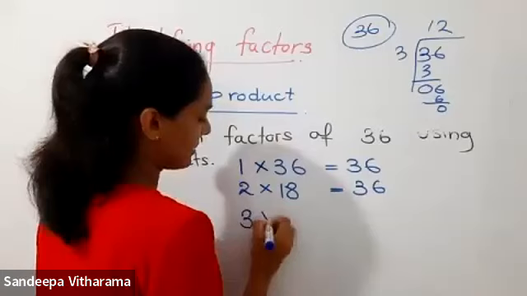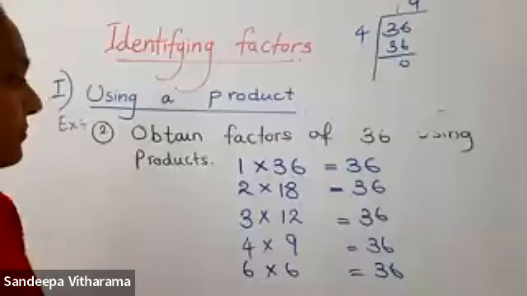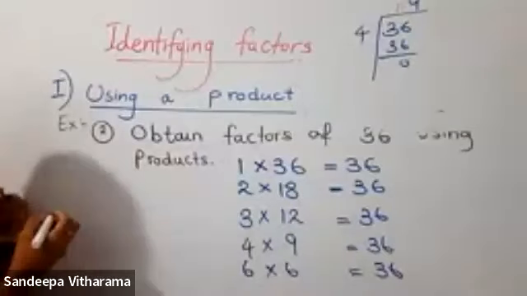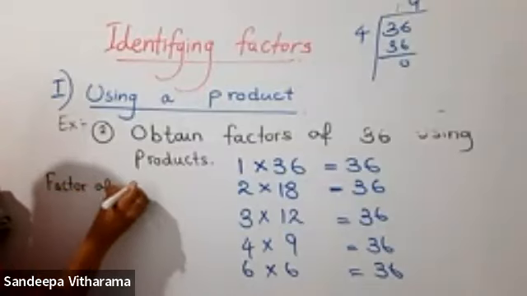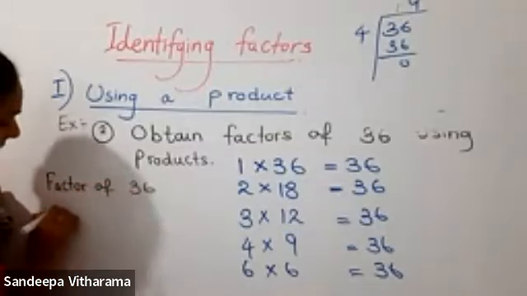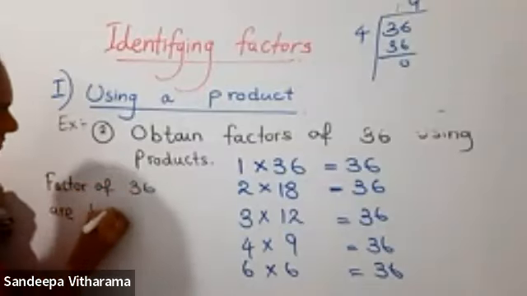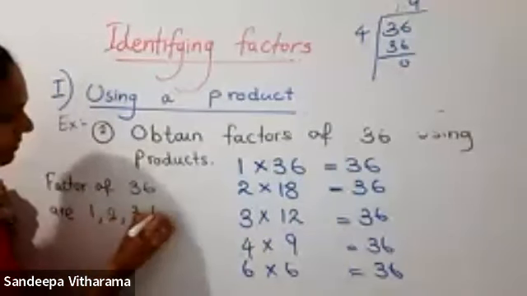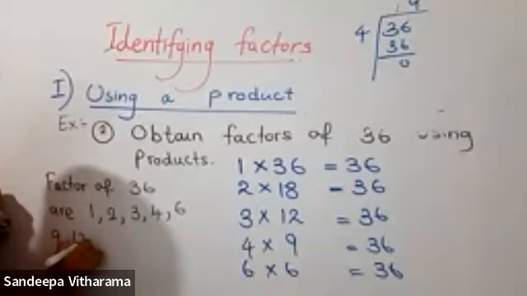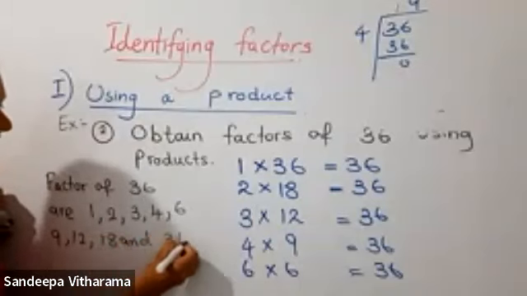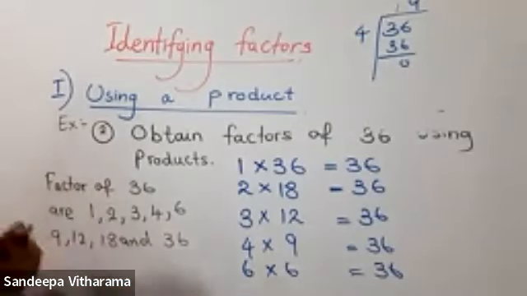Then what are the factors of 36? Using the products, we can identify the factors of 36 are 1, 2, 3, 4, 6, 9, 12, 18, and 36. These are the factors of 36.